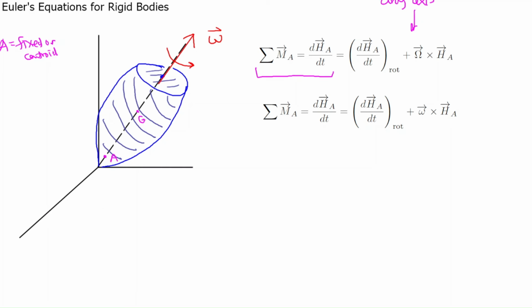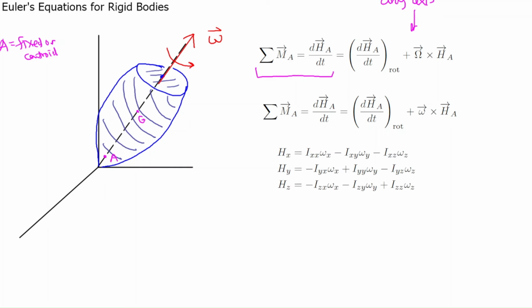Now in order to take the derivatives or cross product that we intend to do here, we're going to need to know what the angular momentum vector of a rigid object actually is. You may have caught my video on the 3-dimensional angular momentum of a rigid object, where we derived the formula for h sub x, h sub y, h sub z.